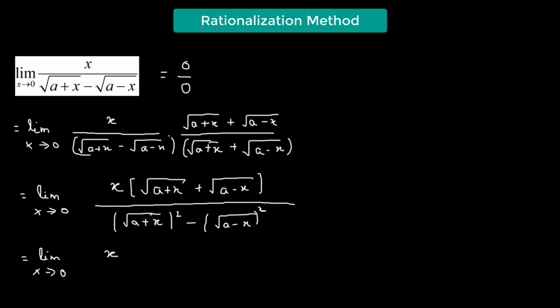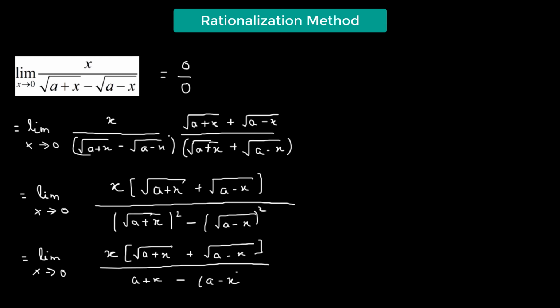We have x in the numerator, no change to the numerator, as in the previous one. So we have square root of a plus x plus square root of a minus x divided by a plus x. Square root of a plus x whole squared will give us a plus x minus the square root of a minus x whole squared, so that will be a minus x.